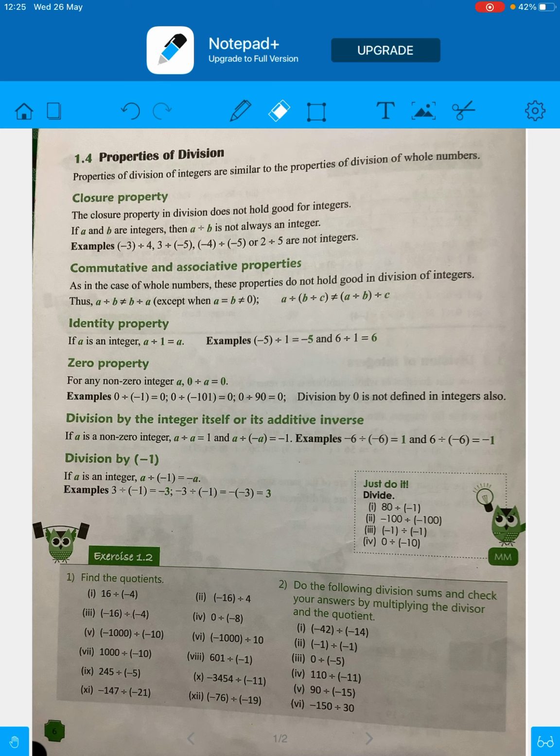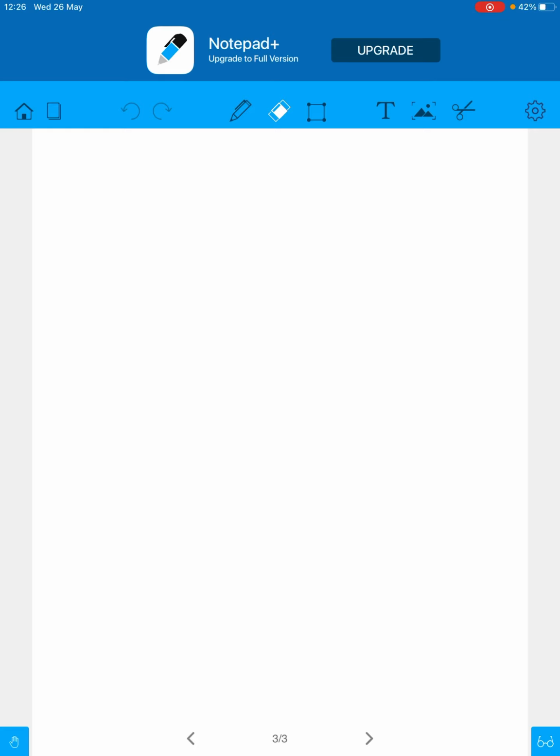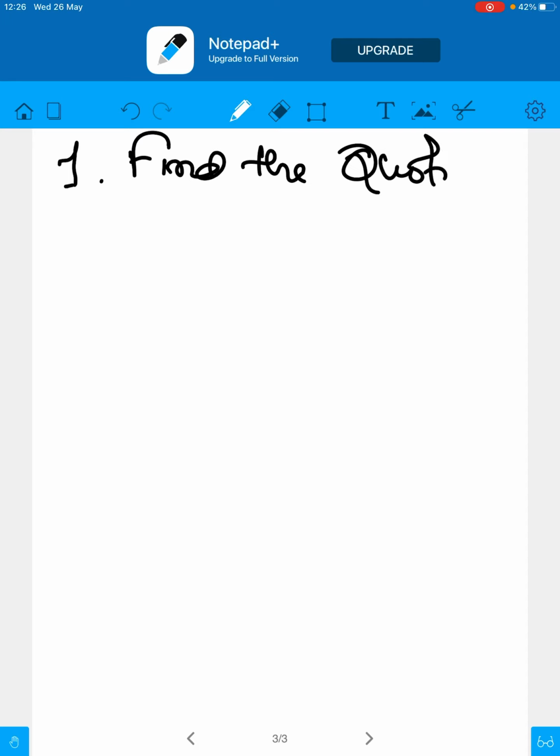Okay, students, now let's try to solve some problems here. Let's first do question number 1. Find the quotients.